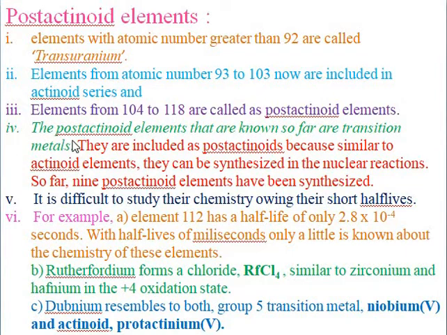Fourth point: the post-actinoid elements known so far are transition metals because the electron enters their d orbitals. They are included as post-actinoids because, similar to the actinoid elements, they can be synthesized in nuclear reactions. So far, 9 post-actinoid elements have been synthesized.